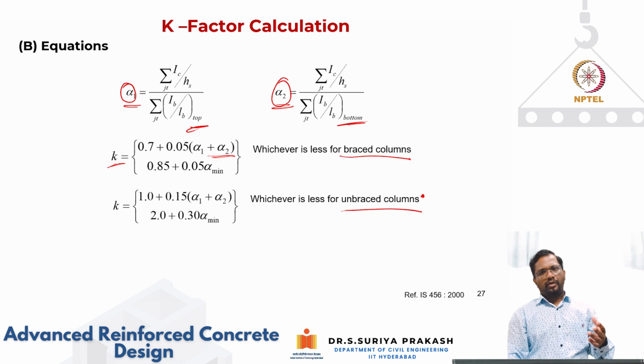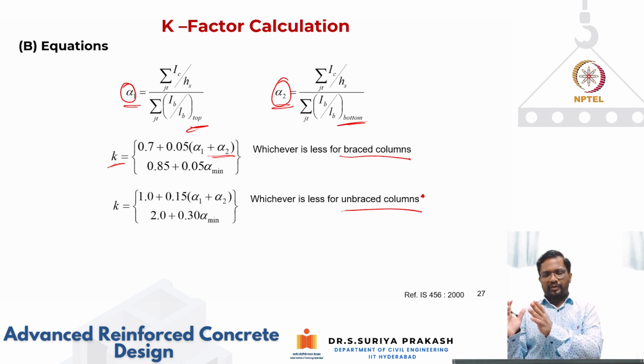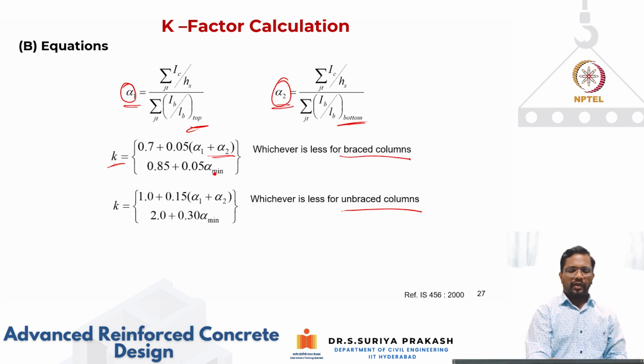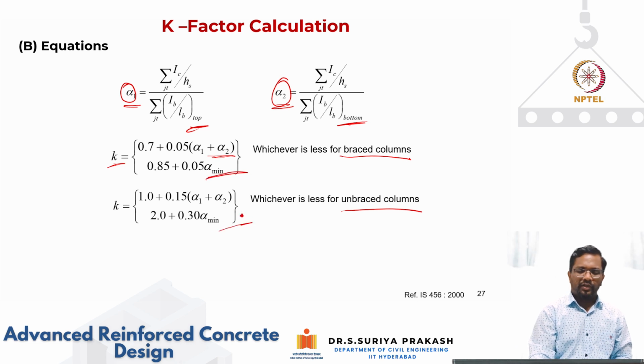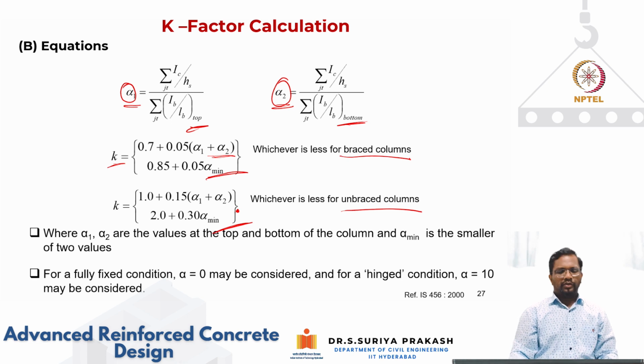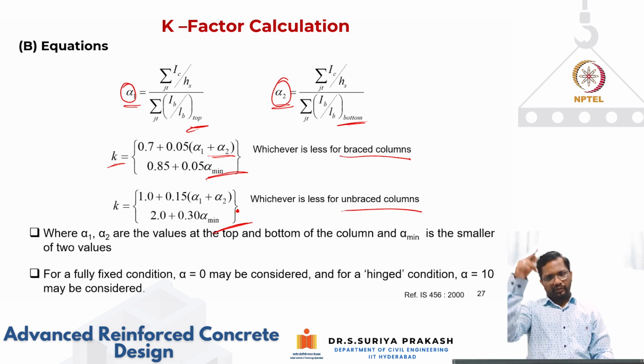So the first step is to find whether the column is braced or unbraced. The moment we know that, I can either use alignment charts to find the K value, or use these equations to find the K value. Once K value is calculated, you know the effective length, then effective length divided by the least lateral dimension for the axis that you're considering gives the slenderness.